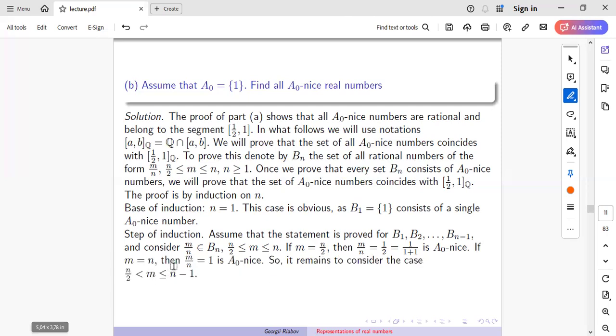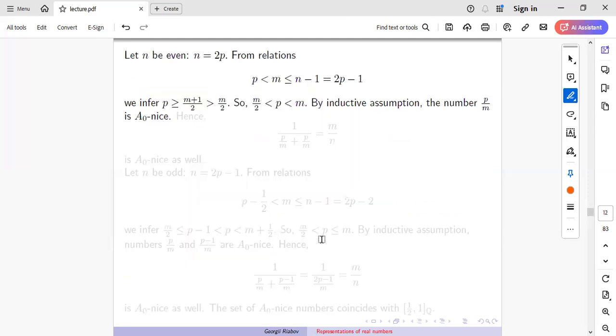Similarly, if m is equal to n, then m over n is just 1, which is also nice. So it remains to consider the case when m is strictly bigger than n over 2 and less than n, or less or equal to n minus 1. First, assume that n is even. Means that n is equal to 2p for some natural number p.